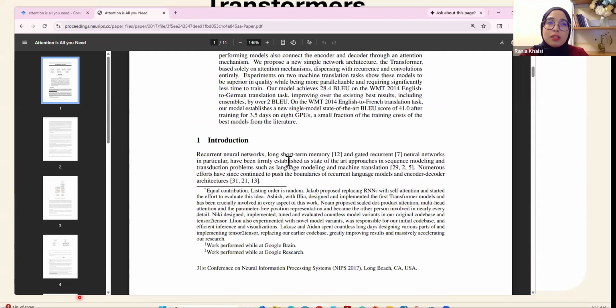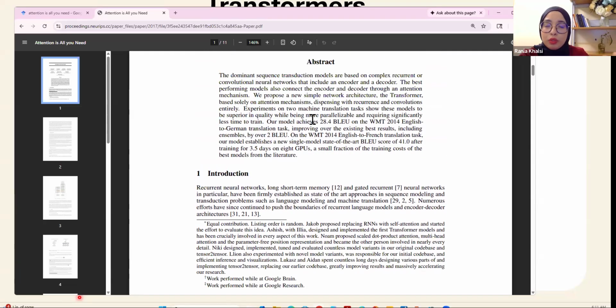Once you read the abstract, you will get an overview, an idea about the research paper. It will introduce you to the topic, whether some problems exist in the state of the art or some gap exists, and what value this paper adds to the existing works. Then, this is the idea and it comes to fill this gap.